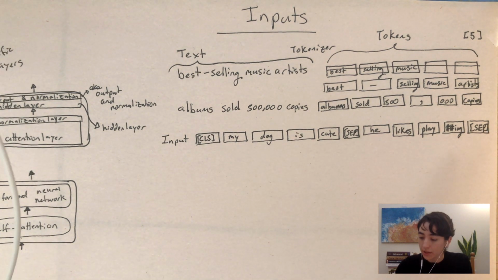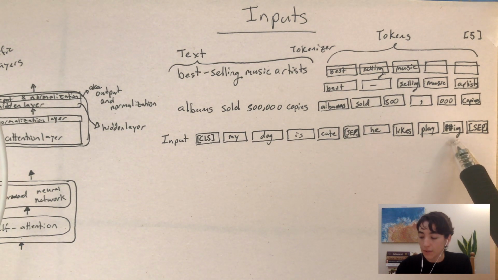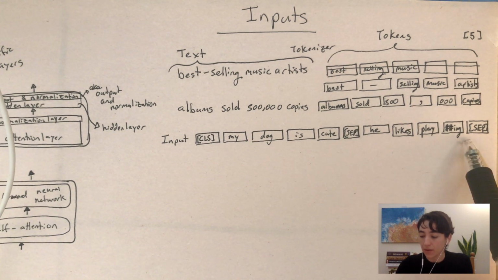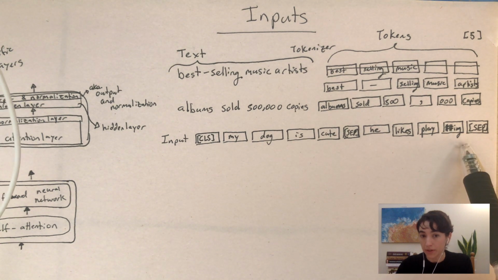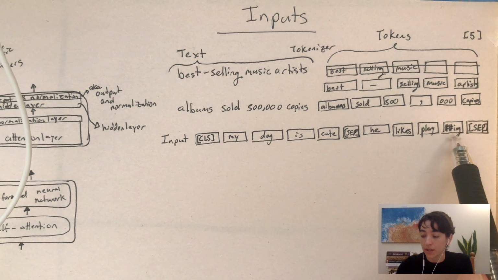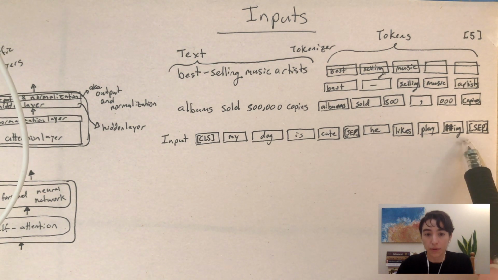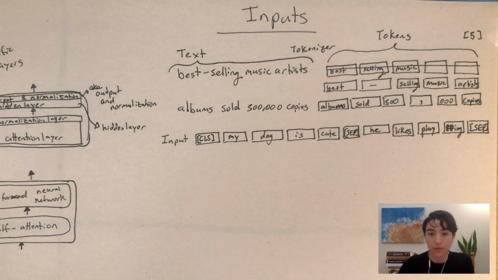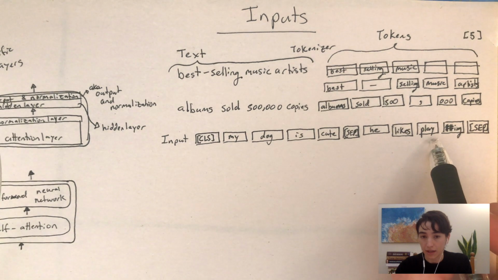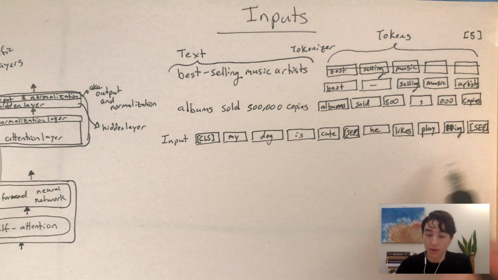We also see here token with 2 pound signs and then ing. This happens anytime we have a word that's broken up into multiple parts. We get this double pound sign combination right in front of any of the word chunks that come after the first word chunk. So play doesn't have one, ing has one. If there were more after ing, they would also have the double pound sign.